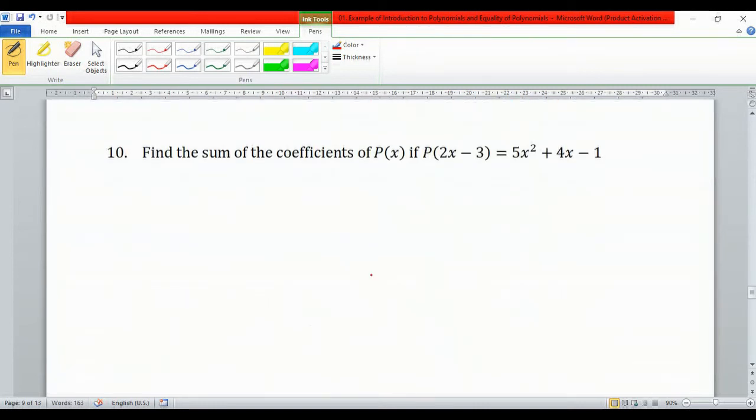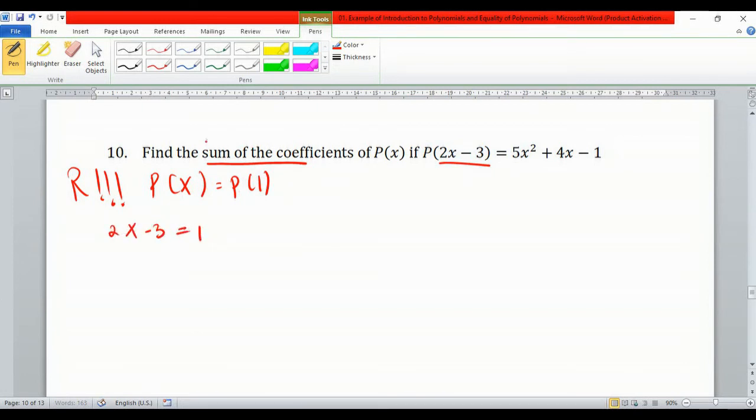How about another example? Okay. Find the sum of the coefficients of P(x) if P(2x minus 3) equals 5x squared plus 4x minus 1. Remember that when you want to find the sum of the coefficients, P(x) should be equal to P(1), because the purpose is the sum of the coefficients. So from here, you need to make 2x minus 3 equal 1 because they're asking about the sum.